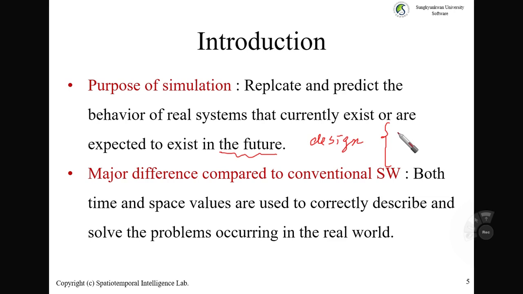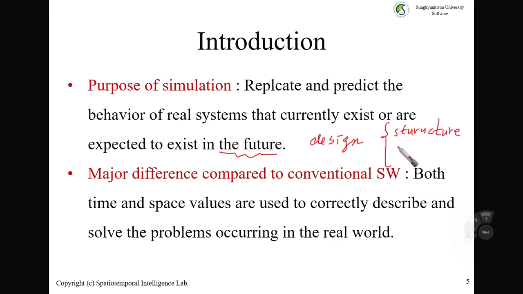No matter what that system is, it can be some building, it can be some factory, or it can be some network. It can be anything that you can think of. First, we have to consider structure.